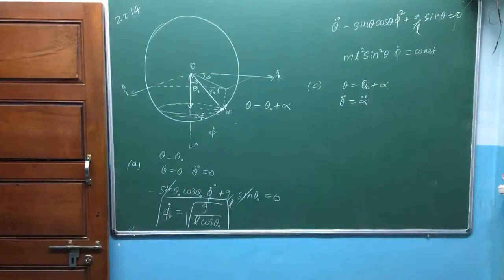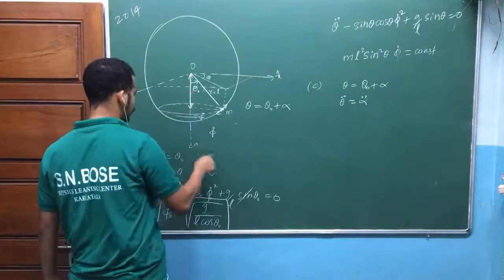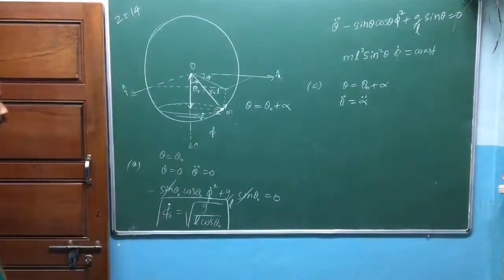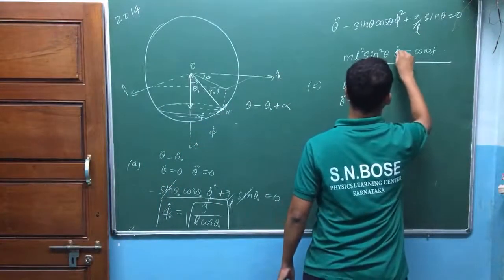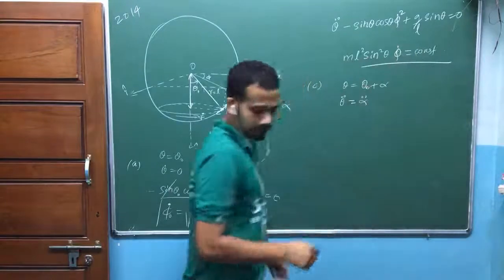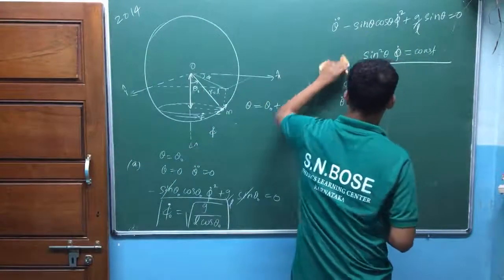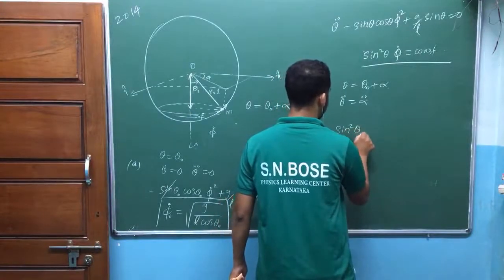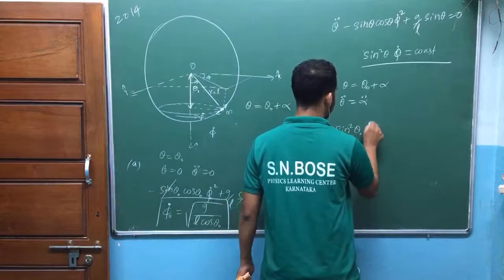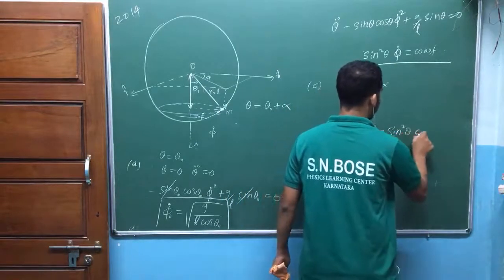So for this circular motion, when angle theta naught appears here, what you can write is sine square theta phi dot is equal to constant. ml square is constant, that's why this should be constant, am I right? What I do is I write sine square theta naught phi dot naught is equal to sine square theta phi dot.